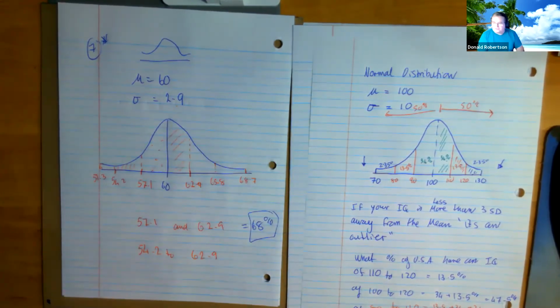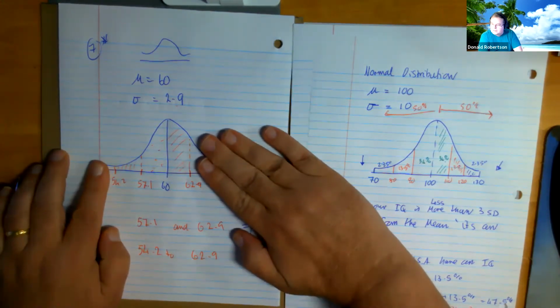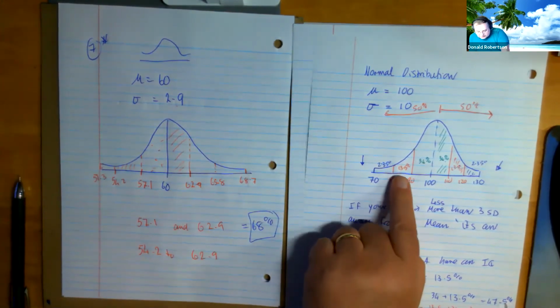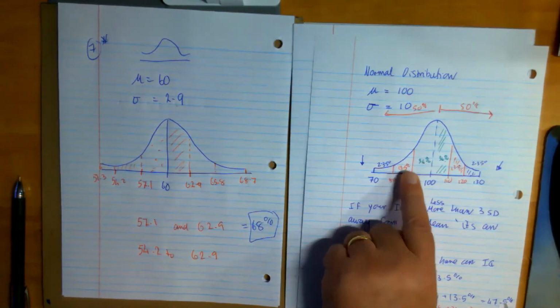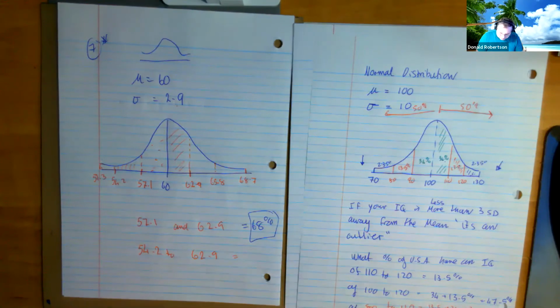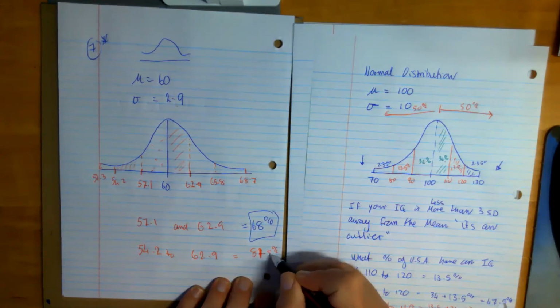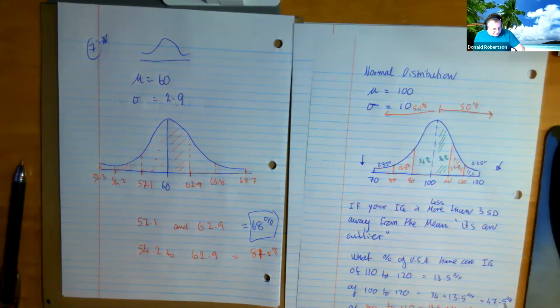Would you agree it's 3 pieces of cake? 54.2 to 62.9 is 81.5. So those two and that one, and what was the right answer again? 81.5. Okay. Use a calculator like me if you're careless, just to be safe.